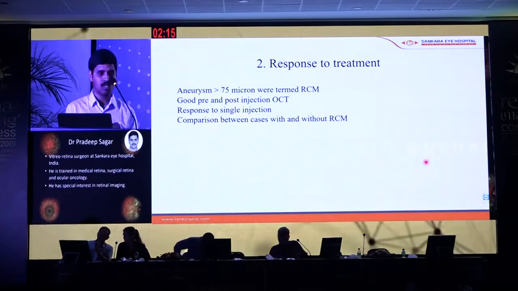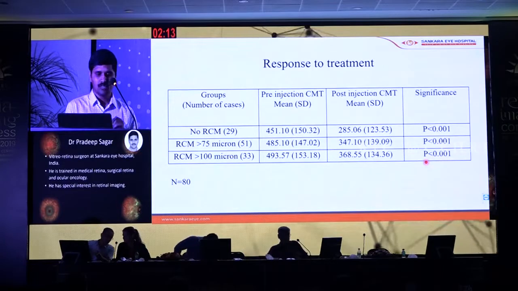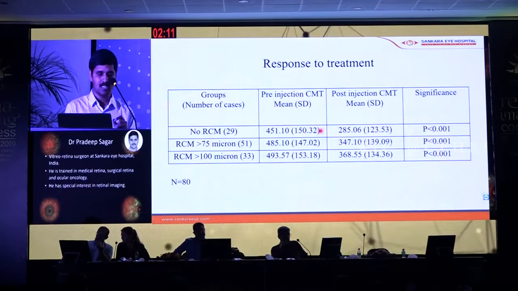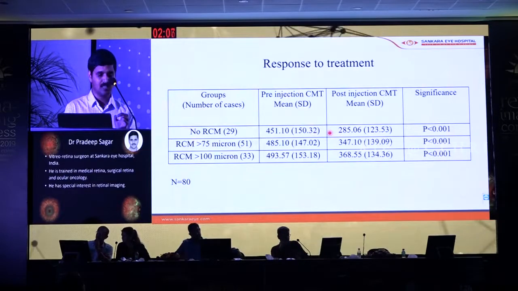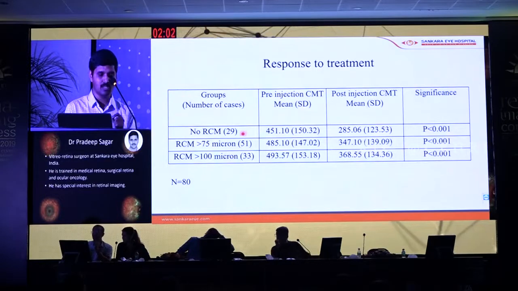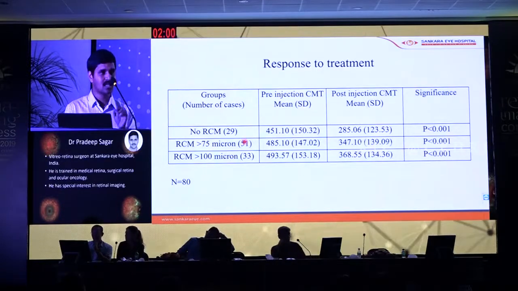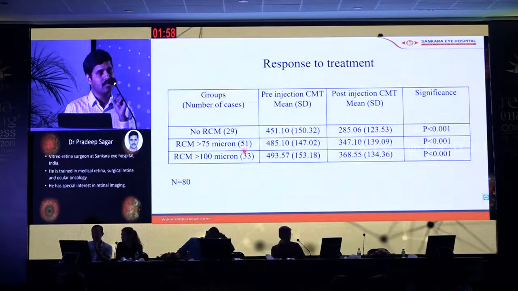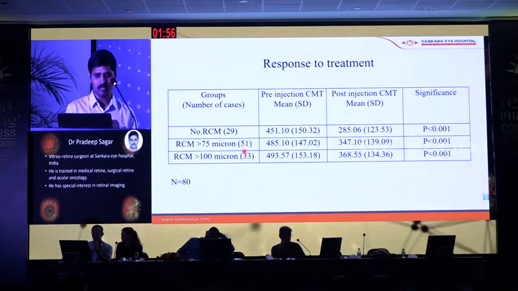Then we compared the 2 groups. When comparing the pre-injection CMT and the post-injection CMT, the reduction was statistically significant in all the groups: cases without a capillary macroaneurysm, cases with RCM of more than 75 micron, and RCM more than 100 micron.